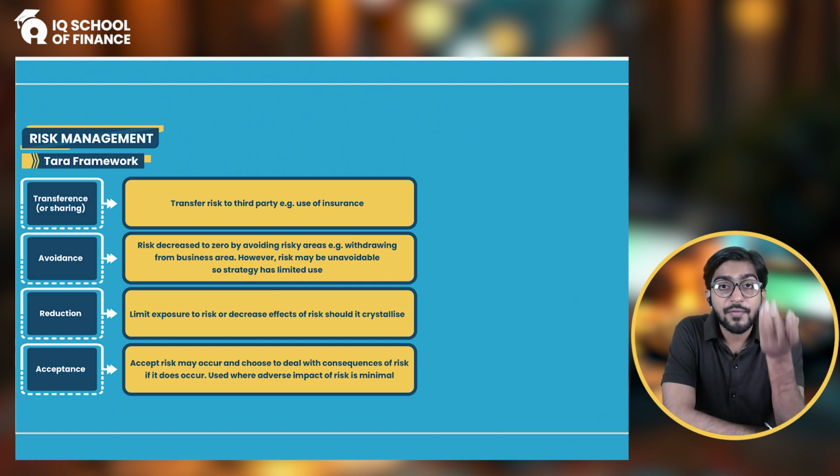So if you have to do the business, these things will come naturally with it, and you cannot avoid them unless you stop doing the business. So that is why the avoidance strategy has very limited use. It is not practical in all scenarios. I would say in 98% of scenarios you cannot use the avoidance strategy.